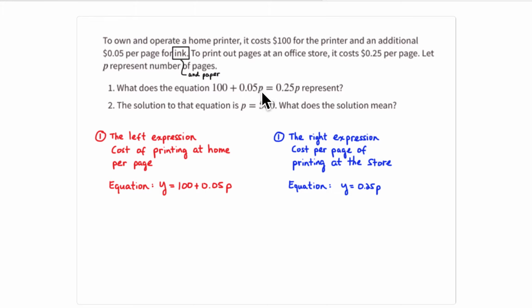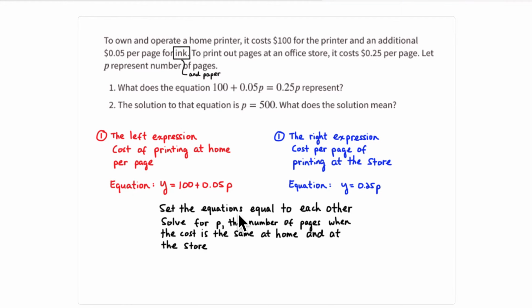So you solve for P, the number of pages that make both sides of the equation equal. So set the equations equal to each other and solve for P, the number of pages, when the cost is the same at home and at the store.